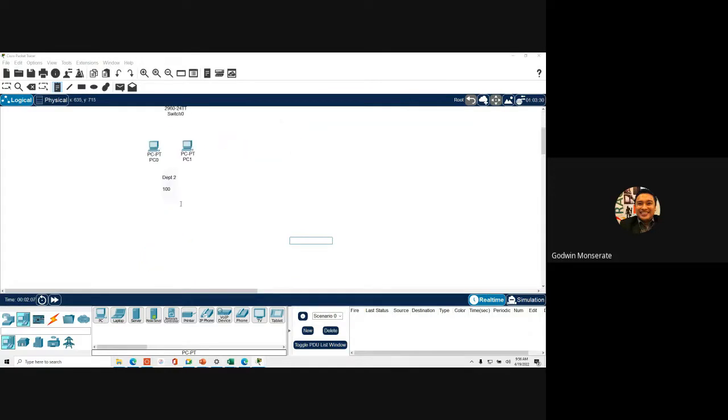So meaning we just represented that this network here has 100 IP, 100 computers.